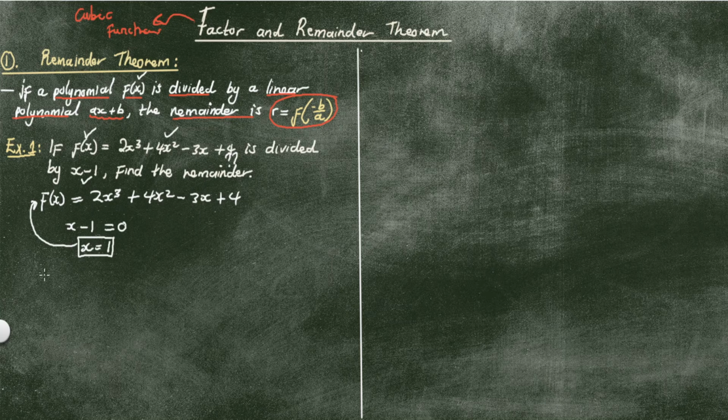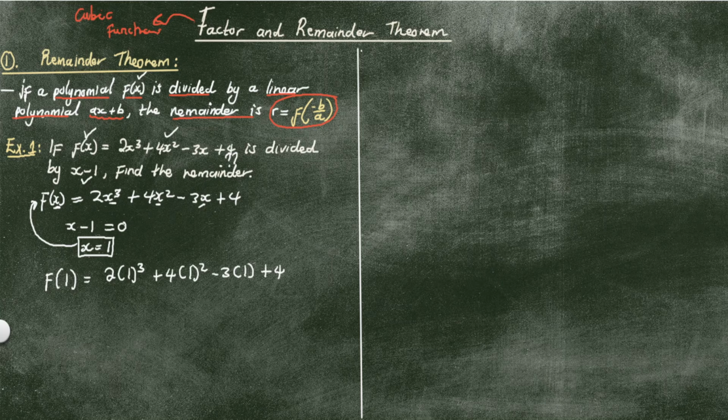Then this is the total remainder. So f of 1, where there's x, everywhere there's x, I'm going to substitute 1 and calculate the remainder, equal to 2 times 1 cubed plus 4 times 1 squared minus 3 times 1 plus 4. Let's calculate.